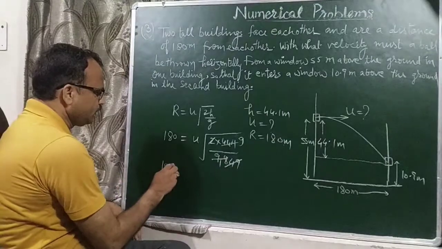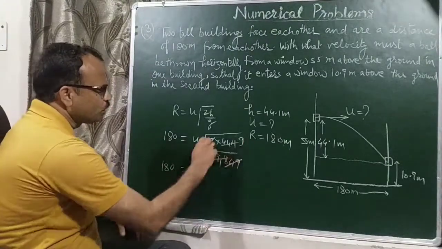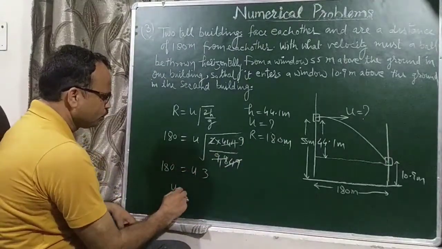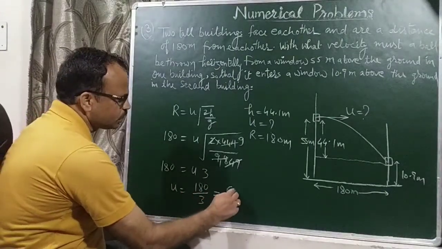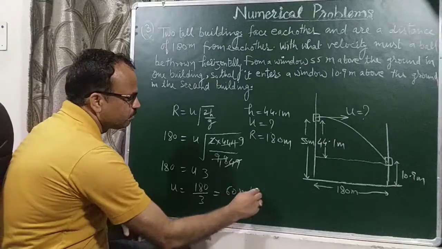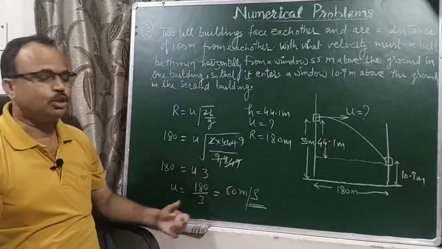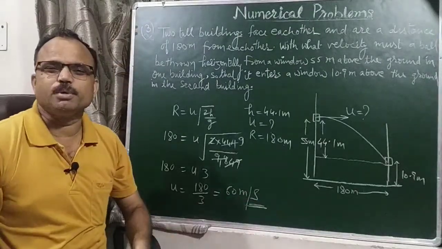So 180 equal to u and root of 9 means 3. So u is equal to 180 by 3 equal to 60 meter per second. Okay. So speed of ball will be 60 meter per second.